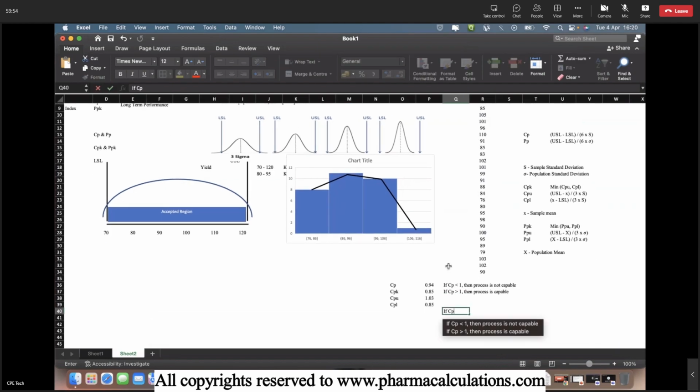If Cpk is less than 1, there is no centering. If Cpk is between 1 and 1.33, there is appropriate centering.